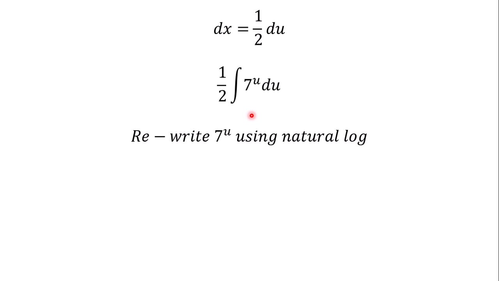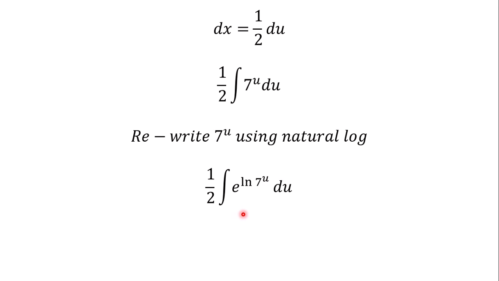Now, mind you, when you rewrite this, whatever you get, make sure when you compute it at the end of the day, you are going to get this same 7 raised to the power u. Okay, so let's rewrite. Here, the substitution approach will easily work out for us.